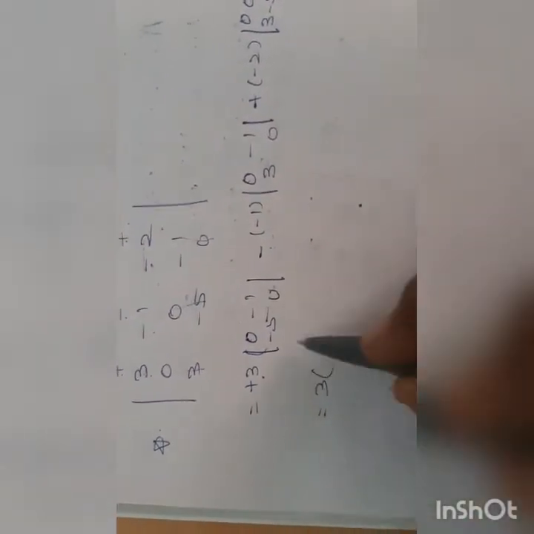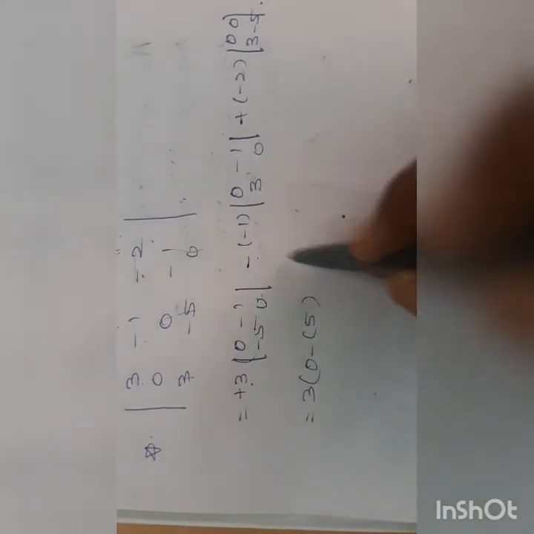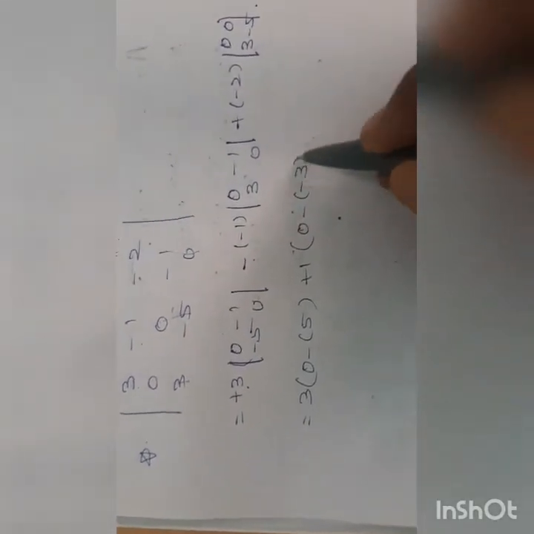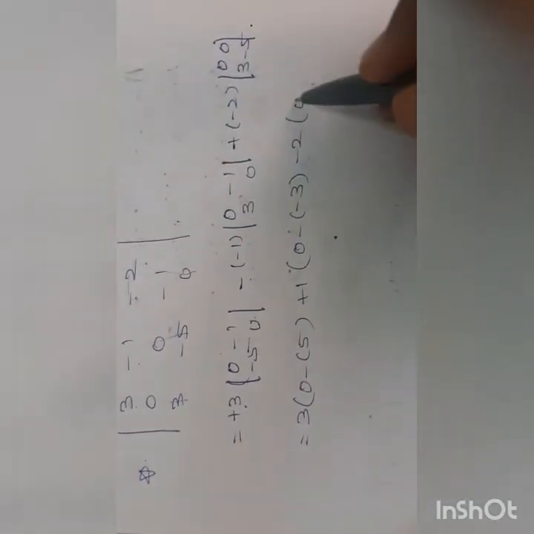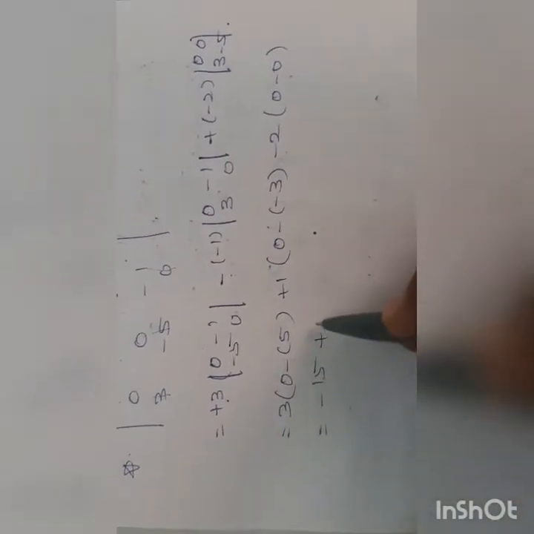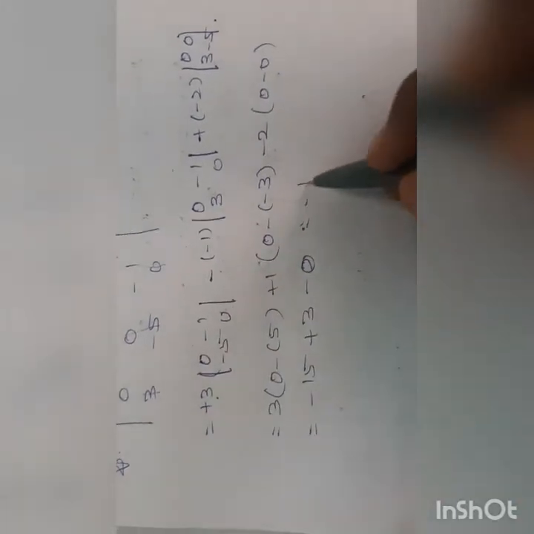So 3 times, evaluating, 0 minus of minus 5, minus 1 times 0 minus of minus 3, minus 0 minus 0, that is minus 15 plus 3 minus 0. So we are getting minus 12.